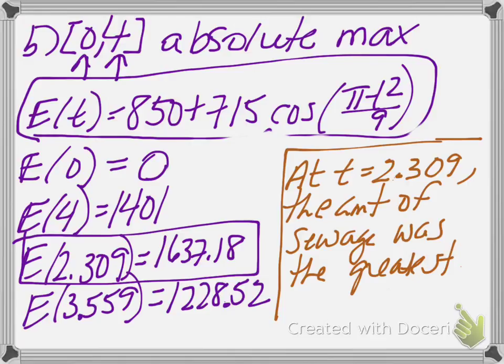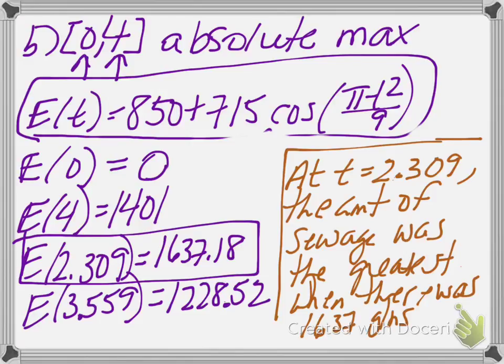Okay, the next question they're saying, to the nearest gallon, so you're going to have to round, what is the maximum amount of sewage in the tank? So we need to the nearest gallon, 1637 gallons.